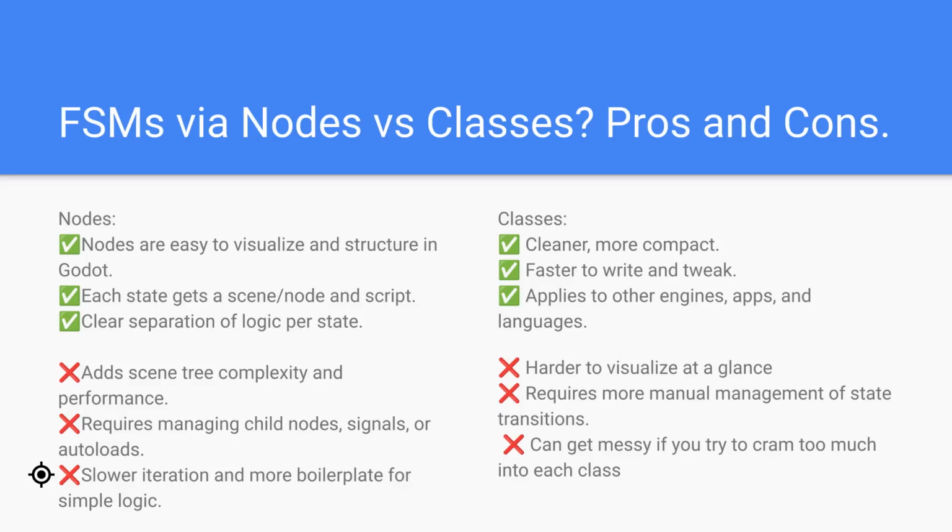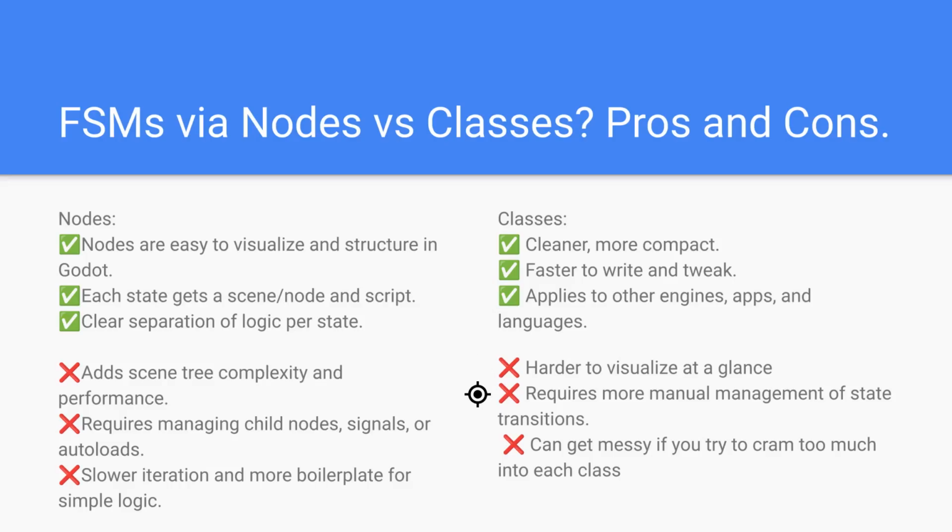But when we look at classes, in my opinion, things are cleaner and more compact. It's definitely faster to write and tweak. And you can take this more generic implementation and apply it to other engines, other application types, and other languages. Now, there are downsides to this. It is not as visual. It is not as easy to see in the Godot editor when you do things this way.